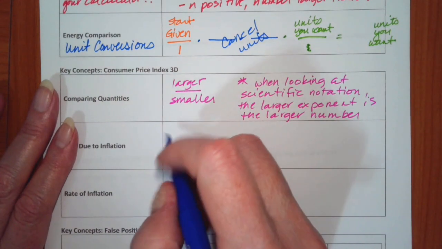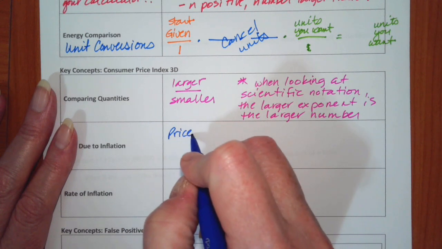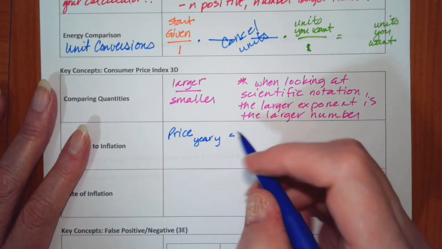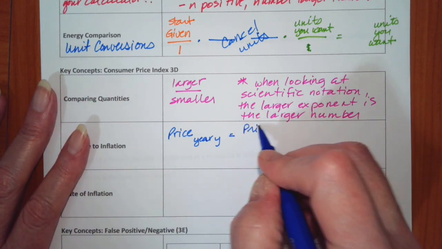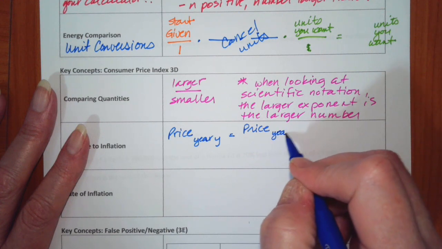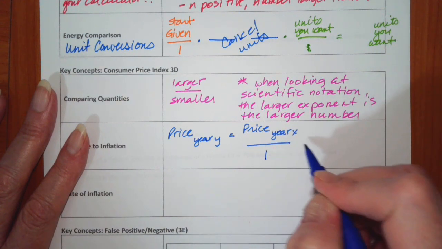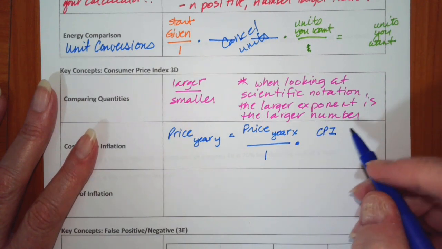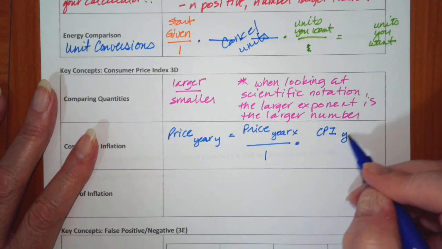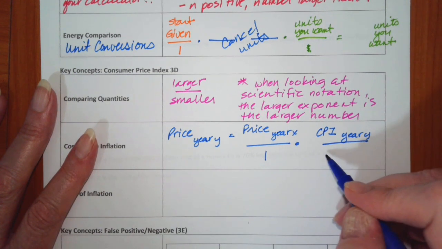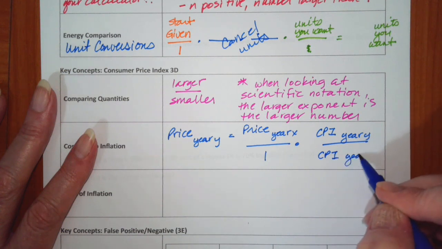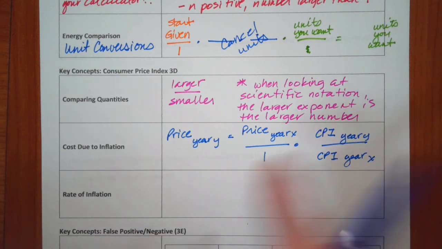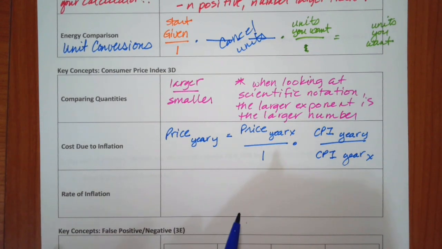Okay, and the formula is the price in year Y is equal to the price in year X over 1 times the CPI in year Y divided by the CPI in year X. Now, you can think about this kind of like you can units.